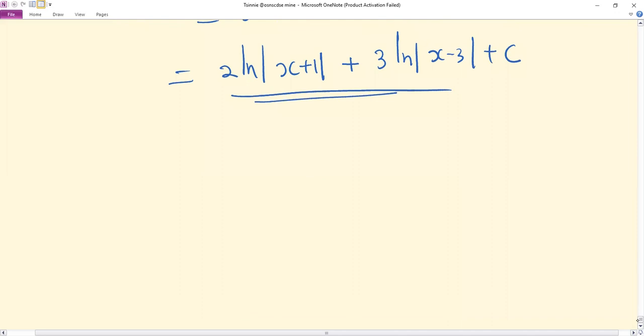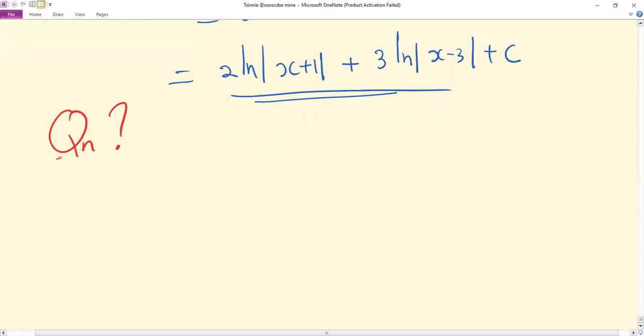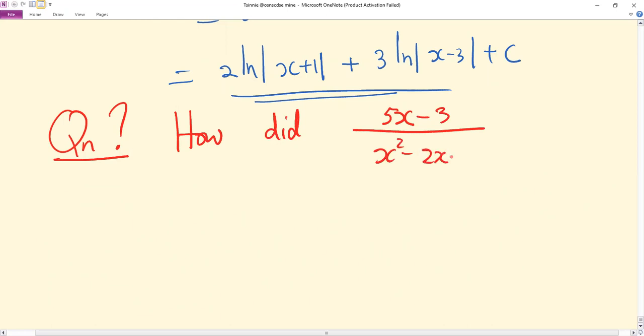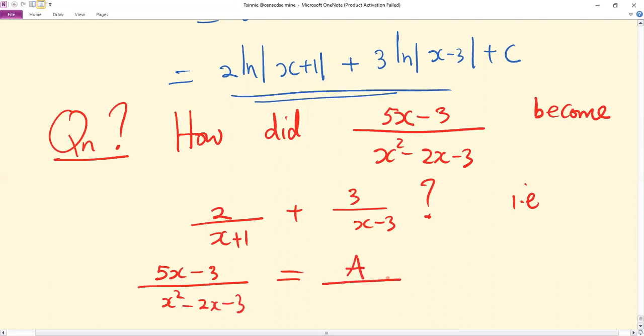So the interest will be to show how to express, or the question here, how did 5x minus 3 over x squared minus 2x minus 3 become 2 over x plus 1 plus 3 over x minus 3, i.e., how was it possible to express it in the form a over x plus 1 plus b over x minus 3? So these are the questions that we'll be trying to answer in this chapter.